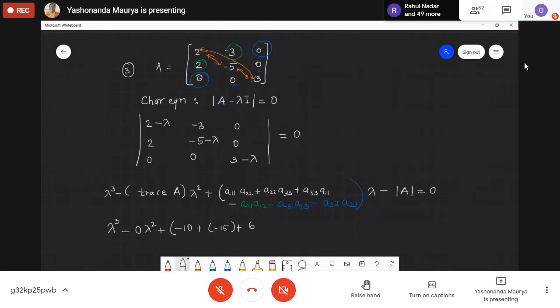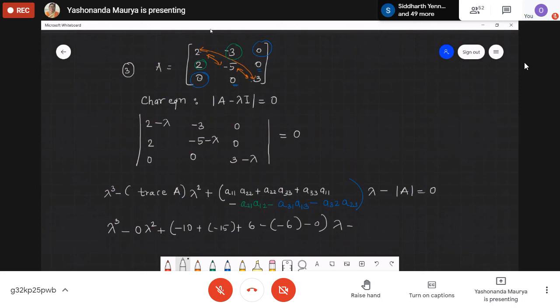Then the others are all zeros. Minus, we need to subtract 2 into minus 3, so that will become minus 6, and the others are all zeros.